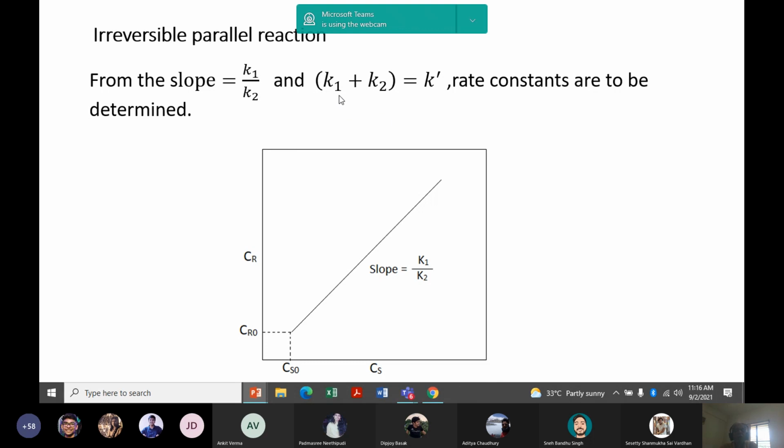And already we have K1 plus K2 as K prime. This value is known. So with these two equations, we can solve for the individual rate constants for the independent reactions K1 and K2.